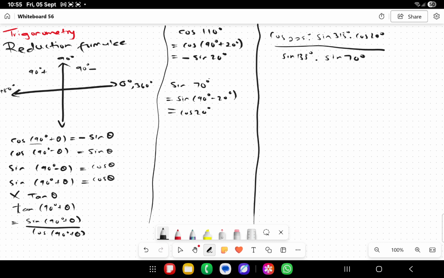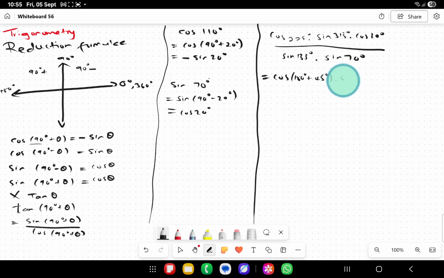So what do I do? Cos 225 is after 180, so it will be cos of 180 degrees plus 45.